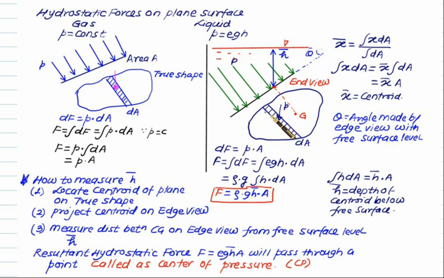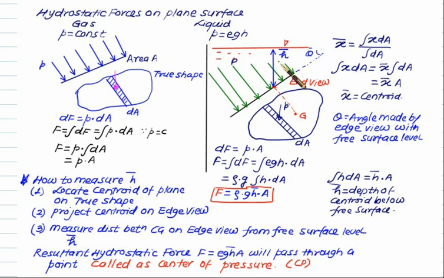This one is the true shape and this one is called the edge view. Once you locate it on the true shape, project the centroid on the edge view. Then measure the distance by doing a little geometry calculation, that is, the distance between the CG on the edge view and the free surface level.